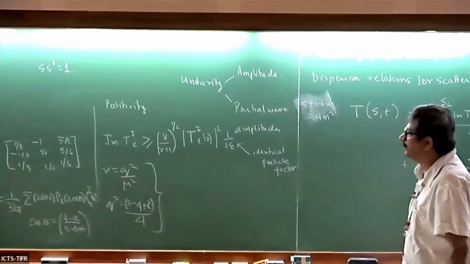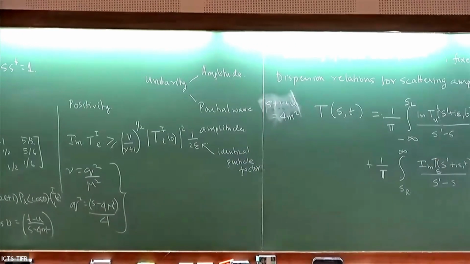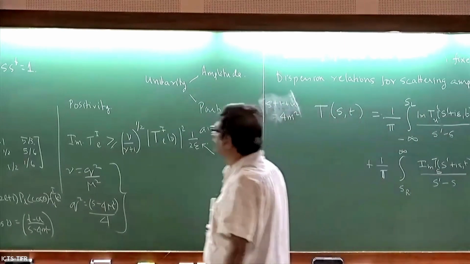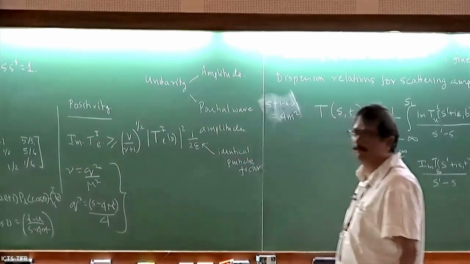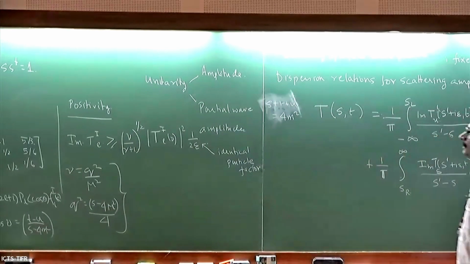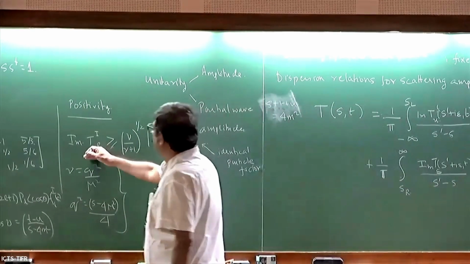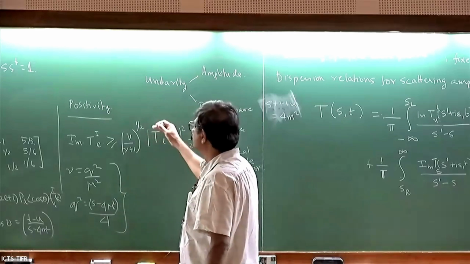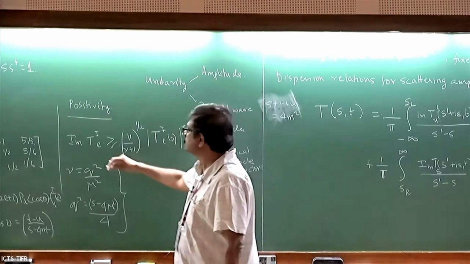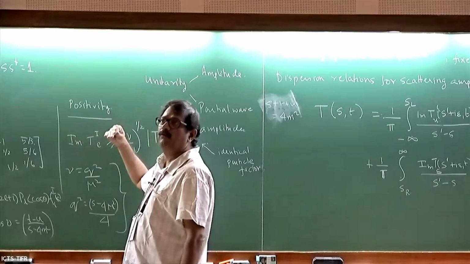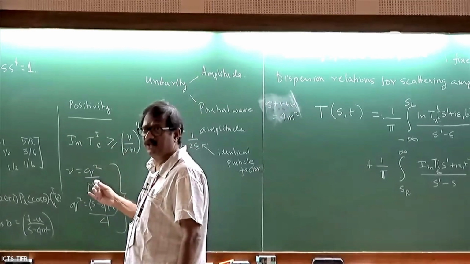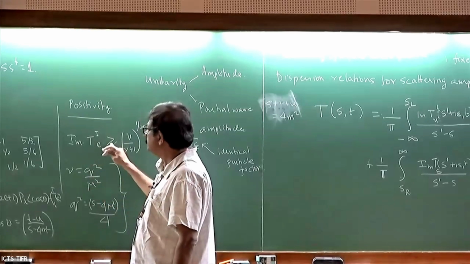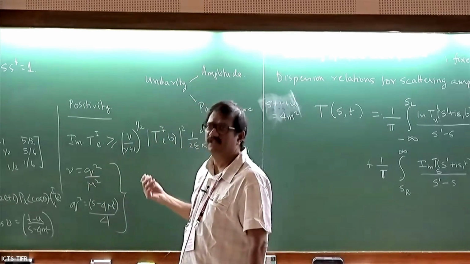Okay, please look at this and tell me what is the property of positivity that you see over here? What is the property of positivity that you're seeing over here? This imaginary part here is greater than the square of some quantity, okay? So this imaginary part is always positive. You have the equality sign if it is elastic, and it has a greater than or equal to sign when it is inelastic.